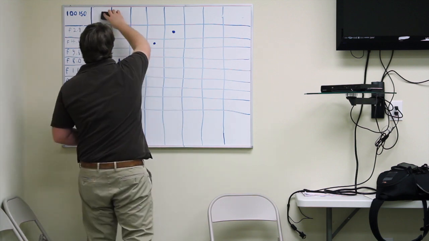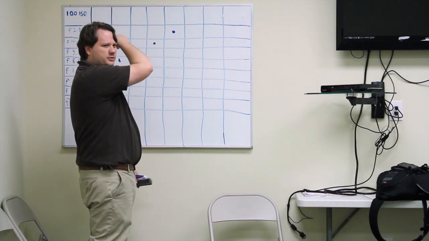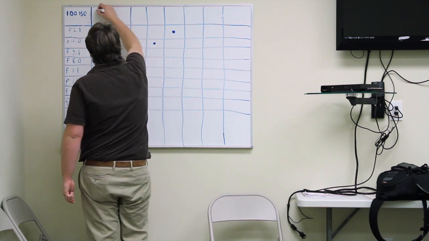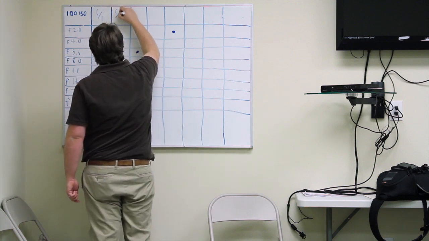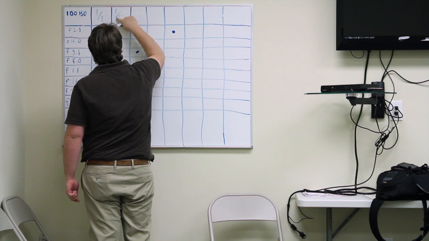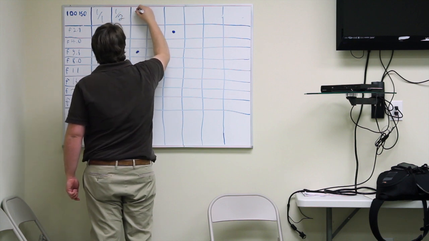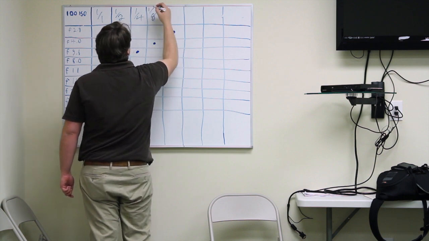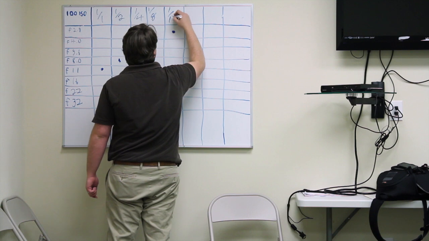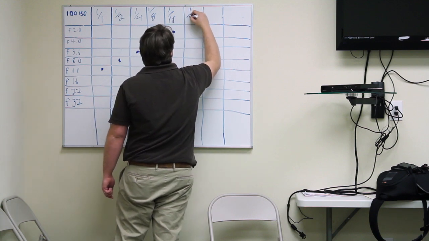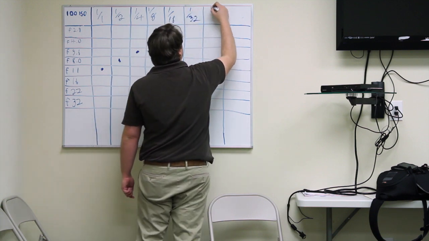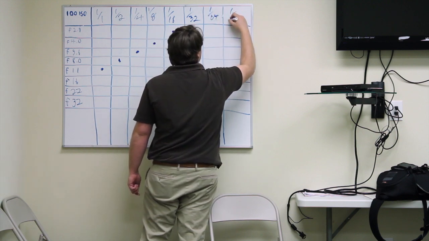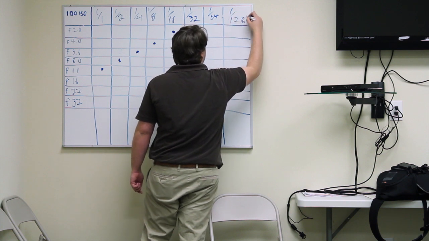So I think I should start with 1/1 over here. 1/1, 1/2, 1/4, 1/8, 1/16, 1/32, 1/64, and 1/128. That's about as low as most go.